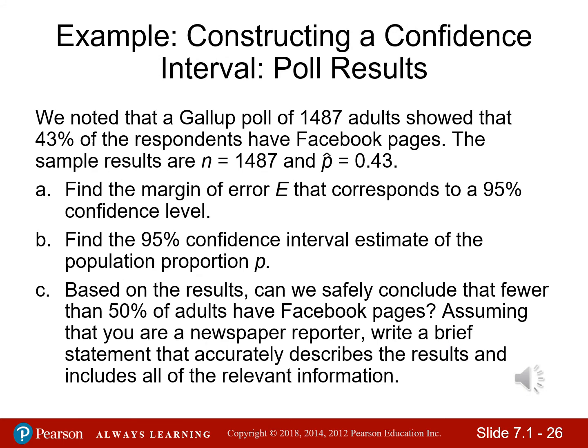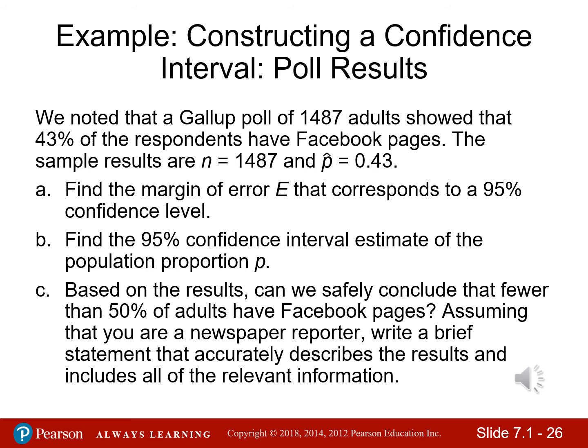Let's consider this example. We noted that a Gallup poll of 1,487 adults showed that 43% of the respondents have a Facebook page. The sample results are n equals 1,487 and p hat equals 0.43. Let's find the margin of error E that corresponds to a 95% confidence level.